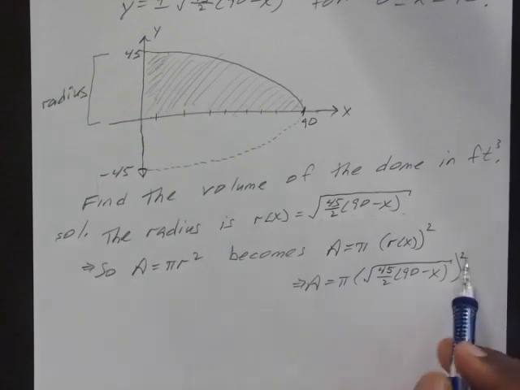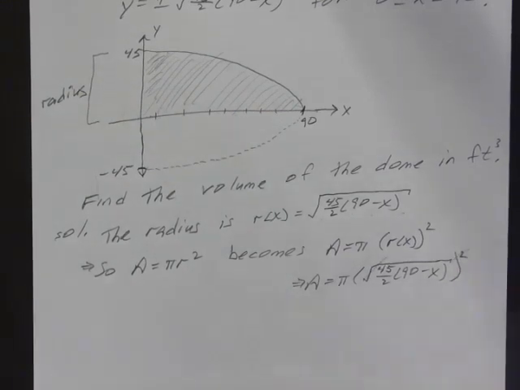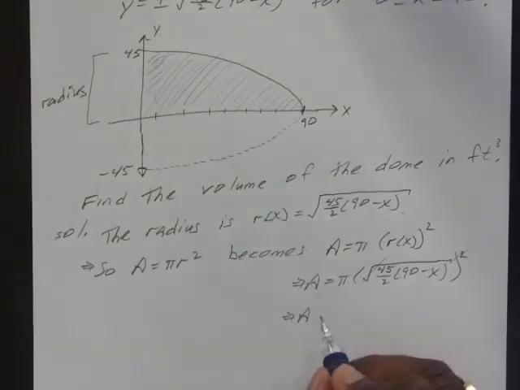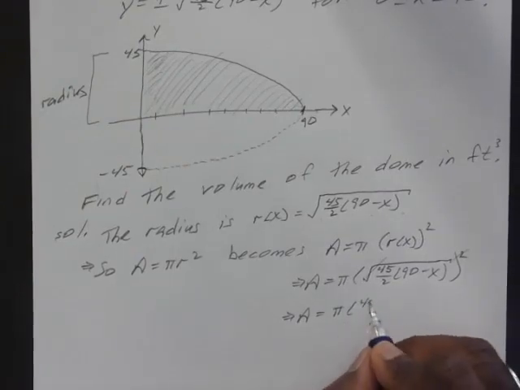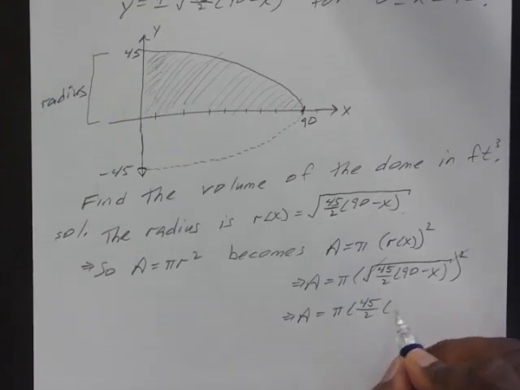Well, luckily for us, the square and the square root cancel each other out. So the area is equal to pi times 45 over 2 times 90 minus x.